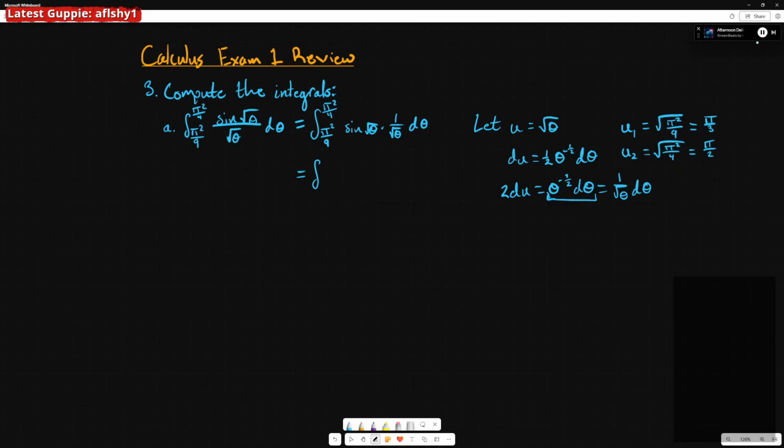Which then converts to the integral from pi over 3 to pi over 2, and it's just sine of u times 2 du, because there's 2 of these, which is what's found there. Cool.